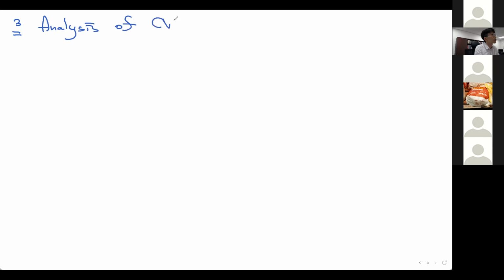So what did this analysis try to achieve? It tried to achieve this: if we do cross-validation, what kind of things can we guarantee? That's what we want to get out of this theoretical analysis.